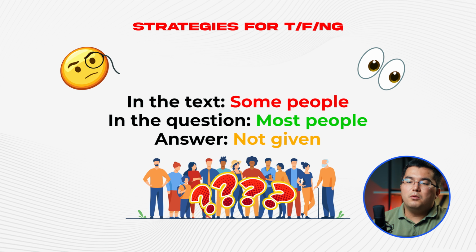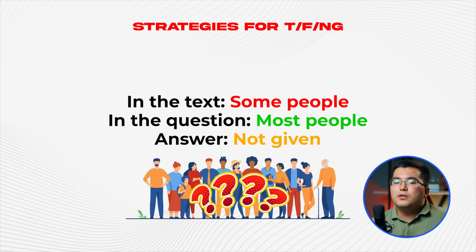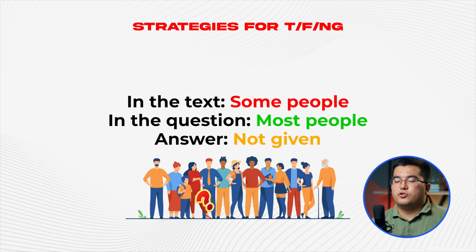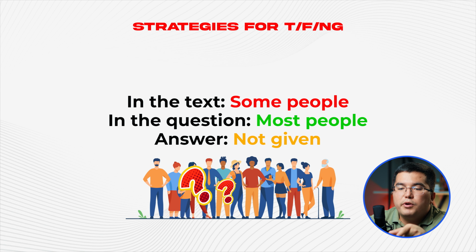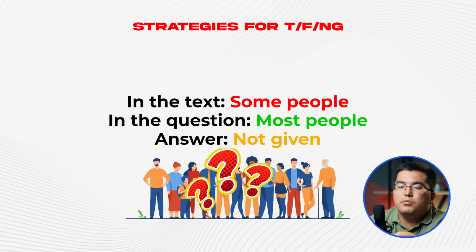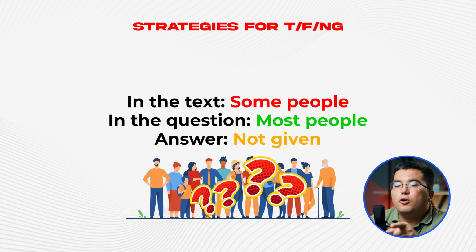It can be a small number, it can be a big number, it can be a minority, it can be a majority. In the statement, they say most. So there is a probability of some being most. And there is also a probability of some being a minority of people. That's why my answer will be not given.